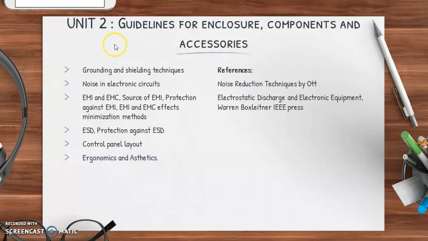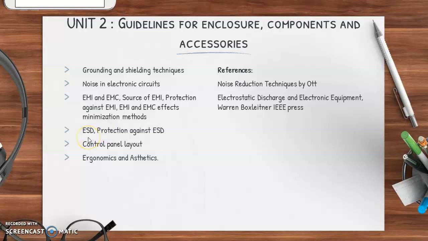So what is there? Grounding and shielding techniques are there. Noise, what are different types of noises in electronic circuits? EMI is electromagnetic interference, EMC is electromagnetic compatibility. So how we can reduce the effect of electromagnetic radiations. So those all things are there in this point.